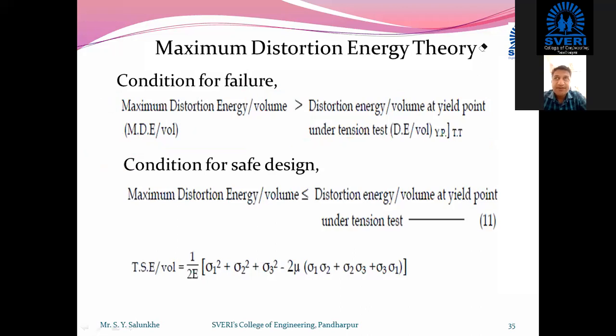We just have to study how those equations behave and whether they can be implemented. For the safe condition, the actual loading's maximum distortion energy per unit volume should not exceed the distortion energy which we calculate from the tensile test.